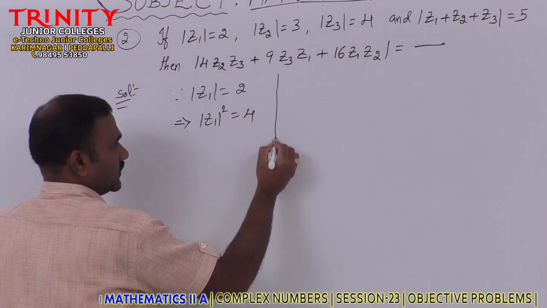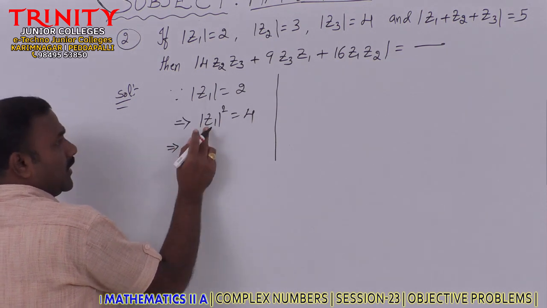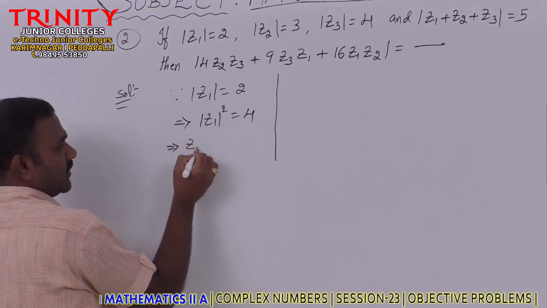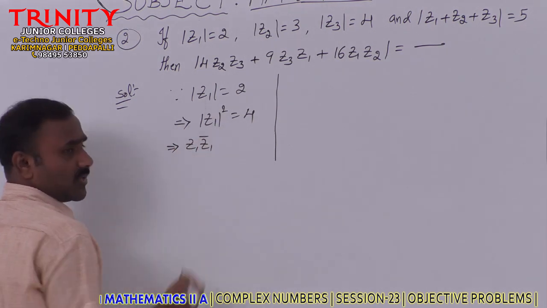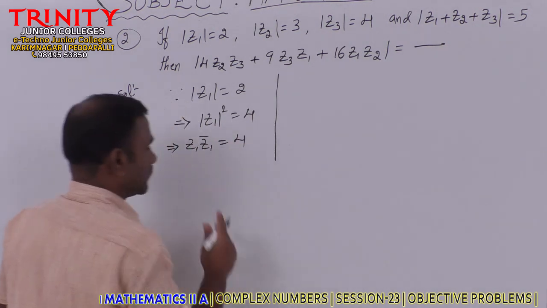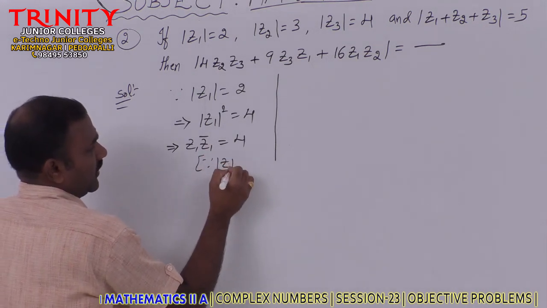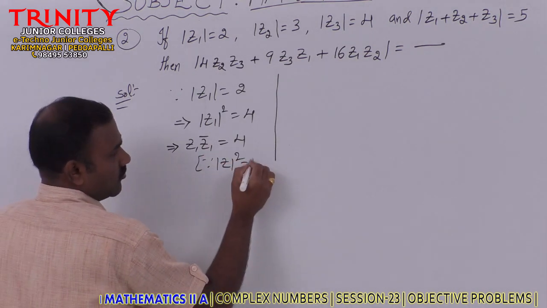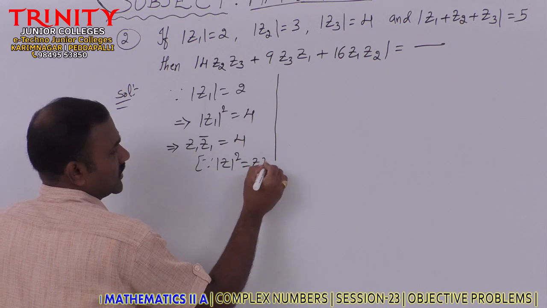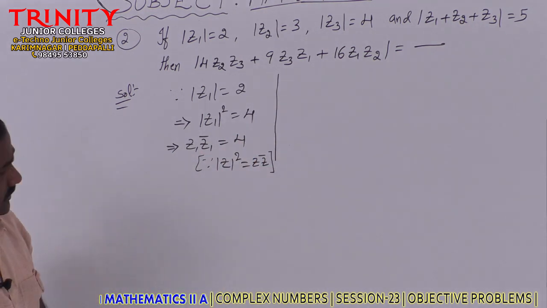From this, can I write mod z1 square is nothing but z1 into z1 bar? Just now we discussed this formula in the previous problem. Since we can write mod z square is equal to z into z bar, a property of modulus of a complex number.